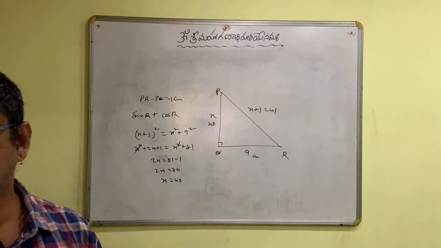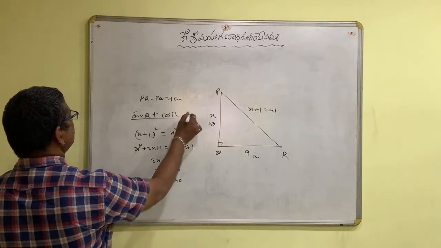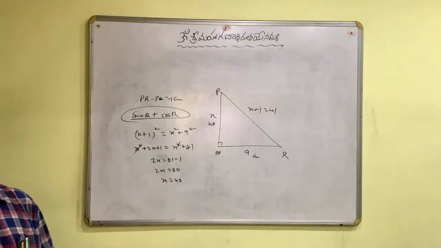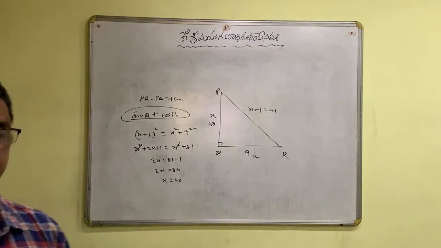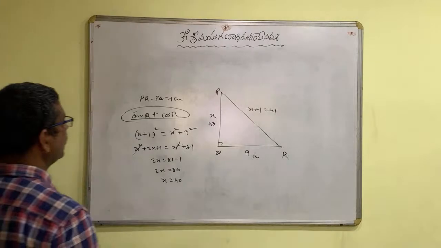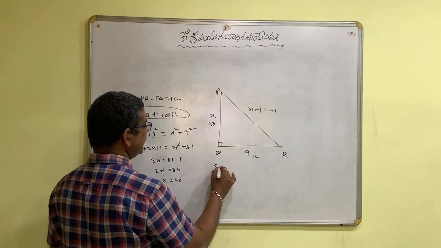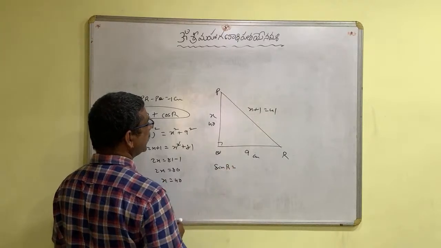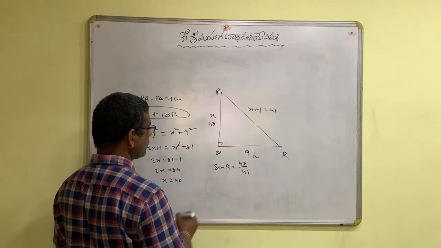Now what is being asked? He is asking to find out sin R plus cos R. Sin R is the side opposite to angle R by hypotenuse.